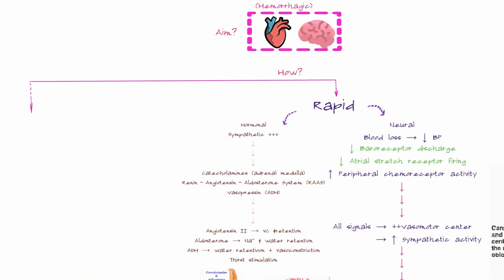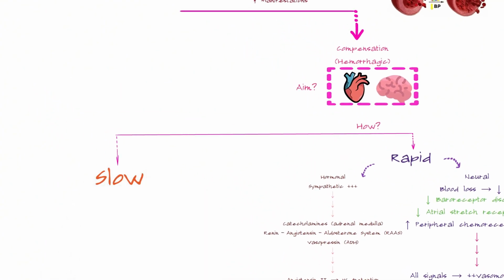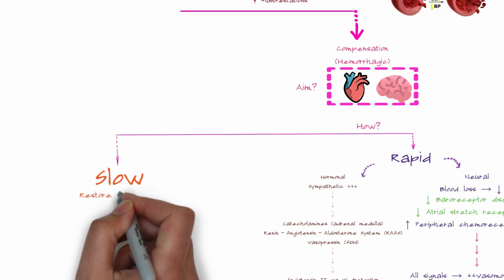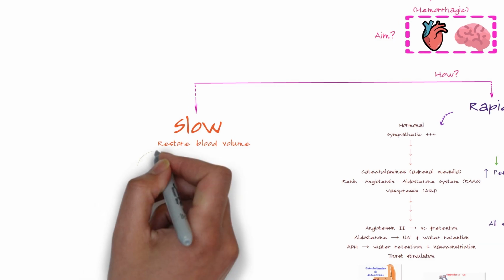So keeping the resistance and also keeping the blood volume. And it's moving from the rapid to the slow compensation.